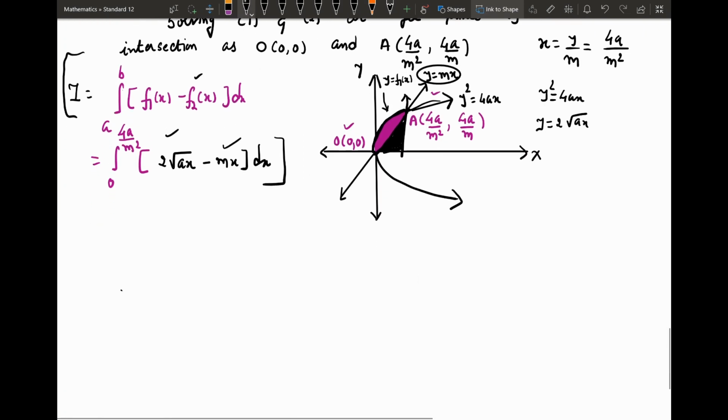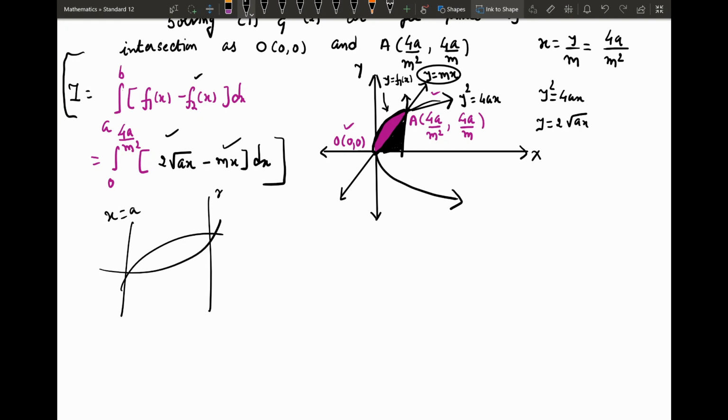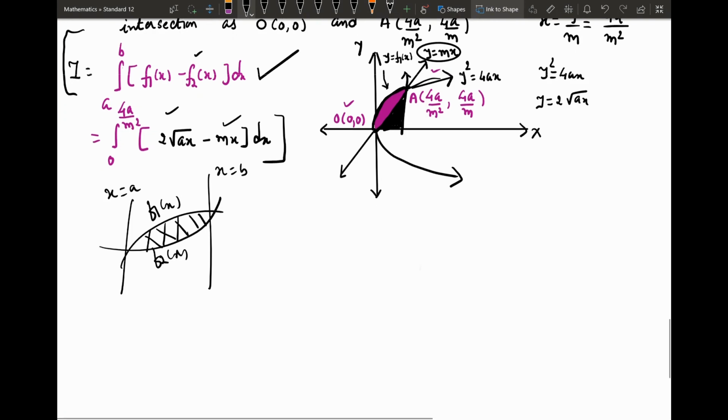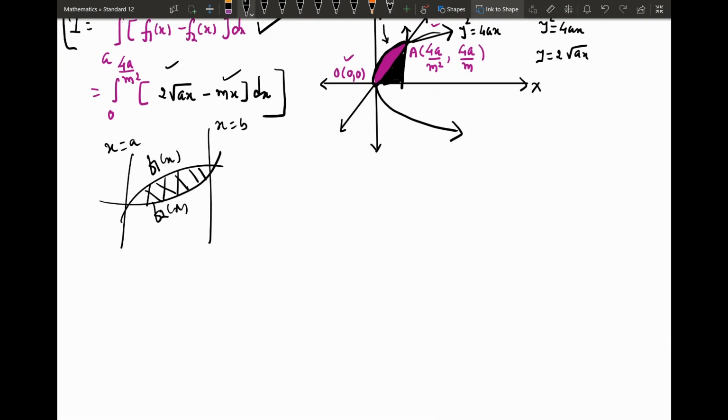As we have discussed, when two curves y equal to f1(x) and f2(x) intersect each other at x equal to a and x equal to b, the area is given by the integration a to b of f1(x) minus f2(x) dx. So let us use this formula.